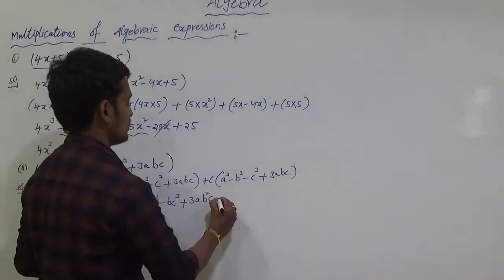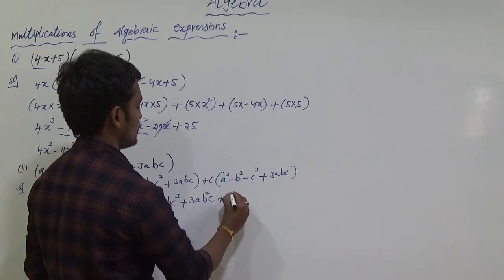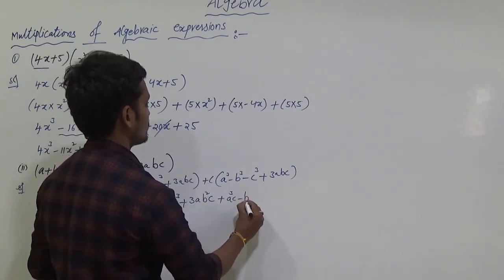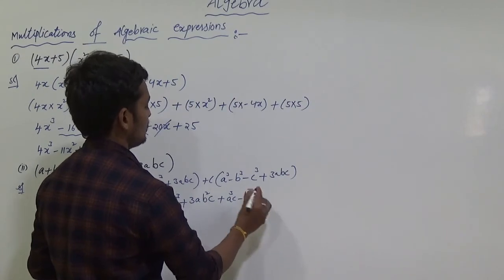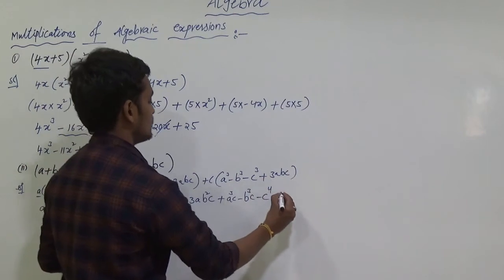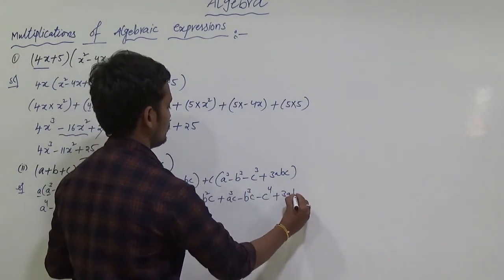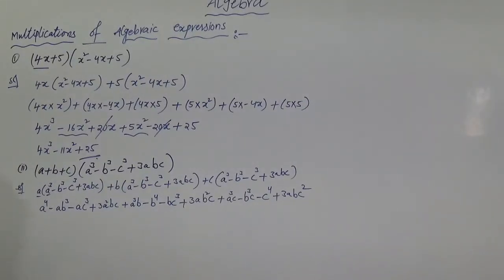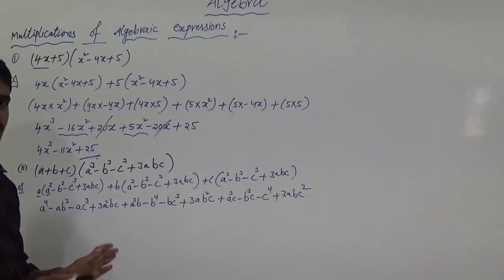Now I am multiplying with c. A cube into c is a cube c, minus c into b cube is b cube c, minus c cube into c is c power 4, plus 3abc into c is c square. Have you observed, students? I am just multiplying every term.